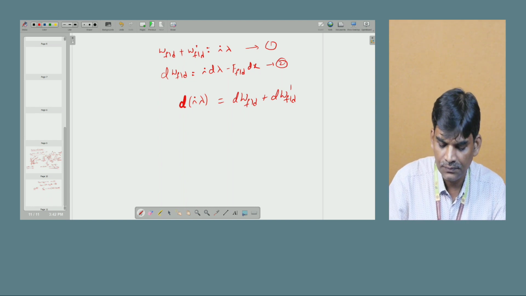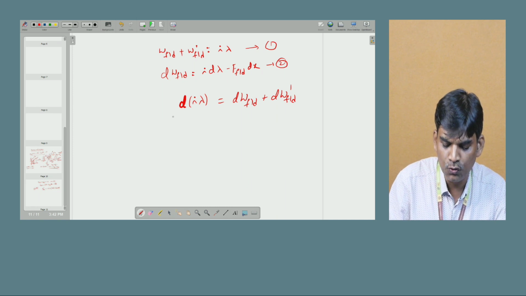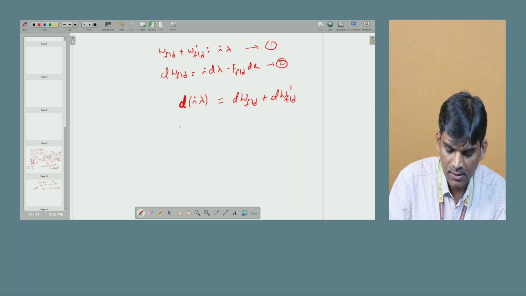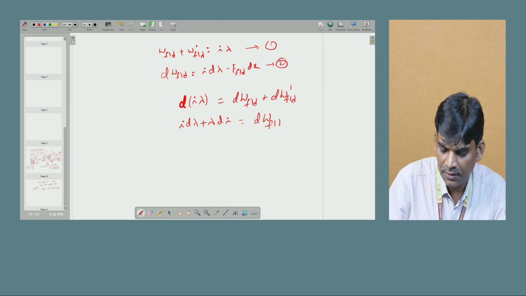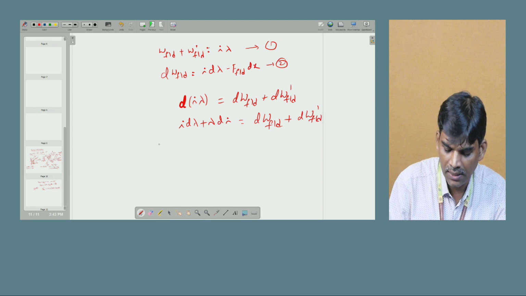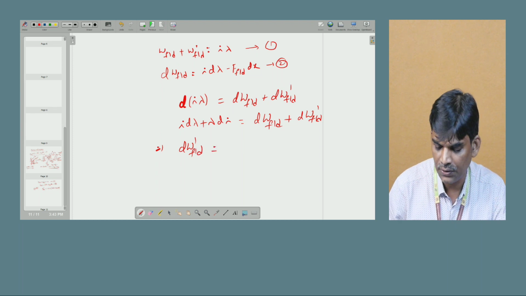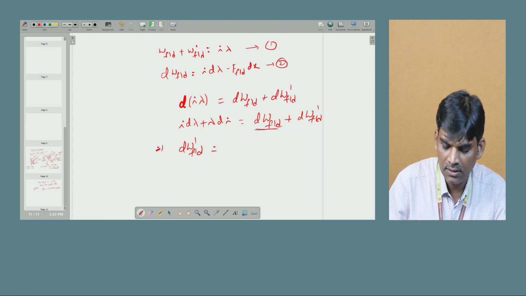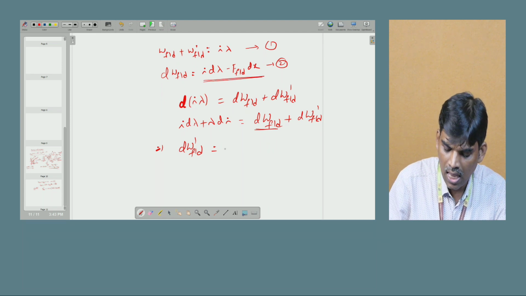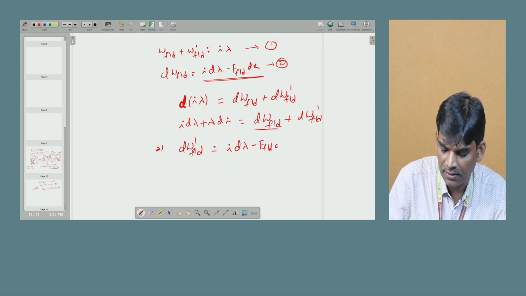From this equation, it is a UV formula, so we can write it like this: i dλ plus λ di is equal to the field and co-field, dW_fld dash. My aim is to calculate the coenergy. The field energy is already in equation 2: i dλ minus F_fld force into dx.